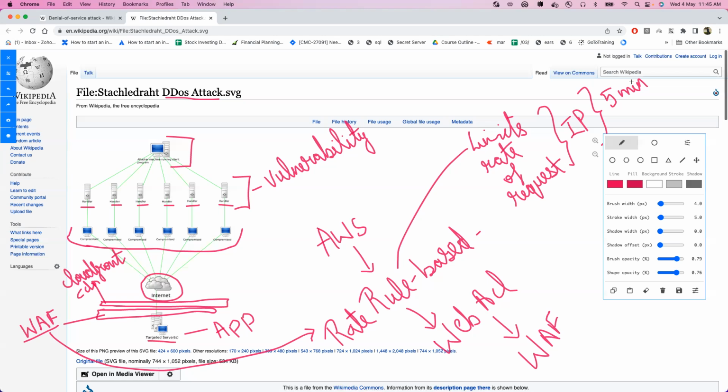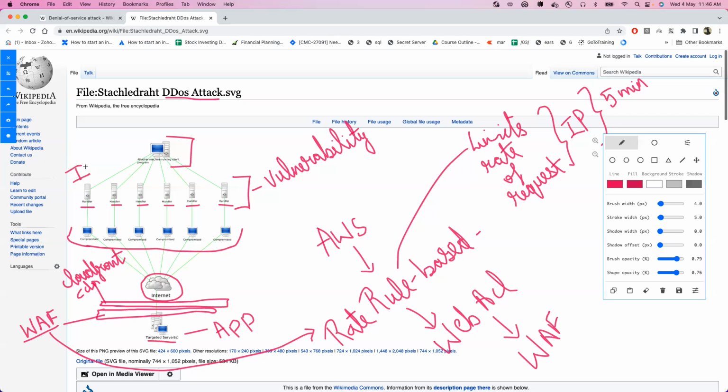You can use this rule to put a temporary block on an IP that is sending excessive requests. Suppose I set a threshold so that an IP can send up to 5,000 requests. If a particular IP sends more than that, it gets temporarily blocked.